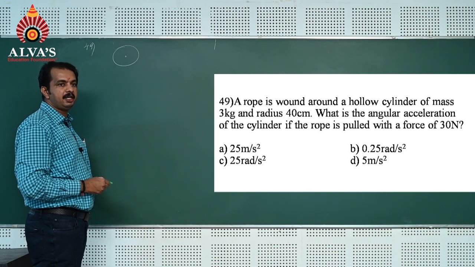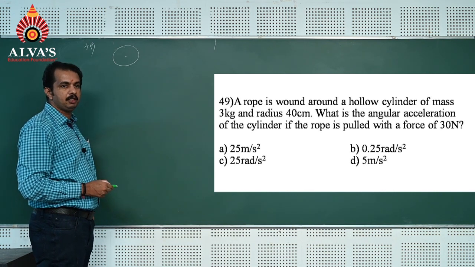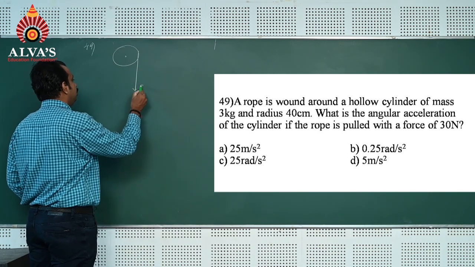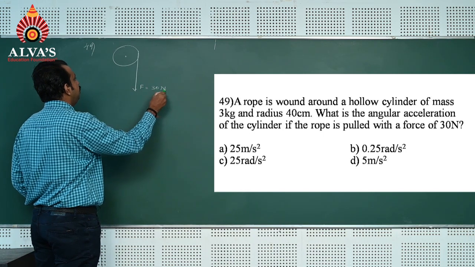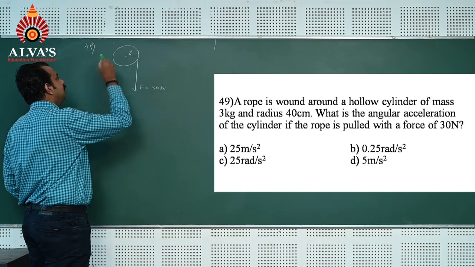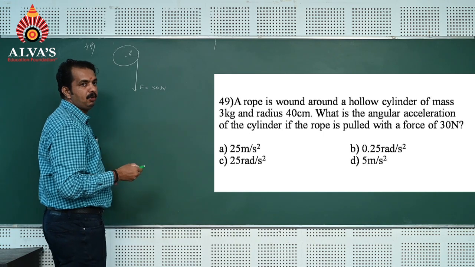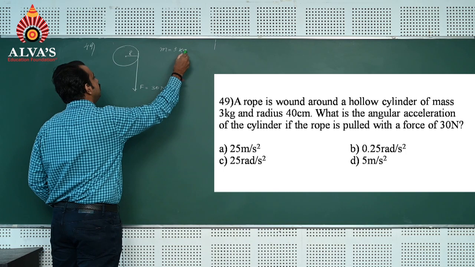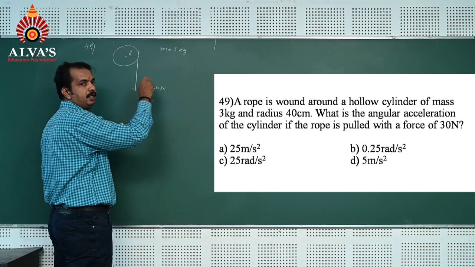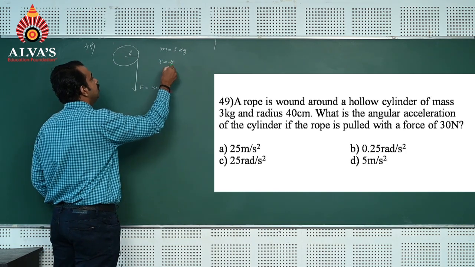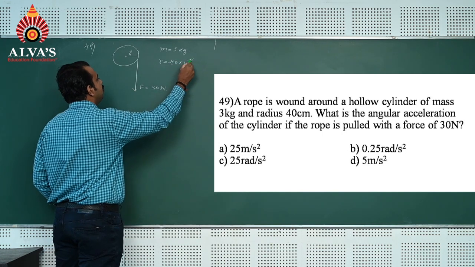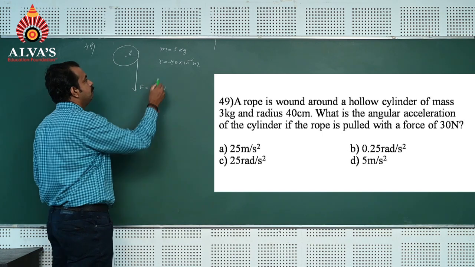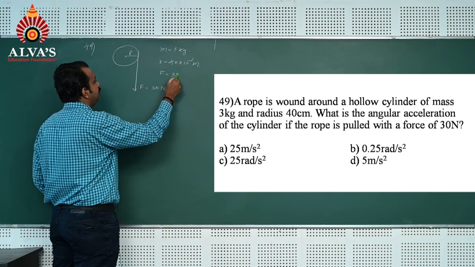Force F is 30 Newton. This is the radius, and it is given in the problem that mass M is 3 kg. Then radius R is equal to 40 into 10 to the power minus 2 meter. Force F is equal to 30 Newton.